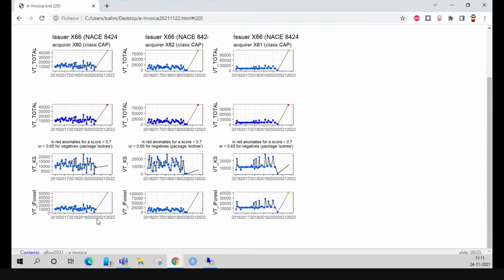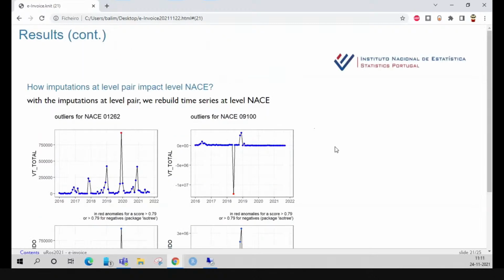In this case, the value given by isolation forest is even higher than the initial anomaly. So that's why isolation forest doesn't work for us for imputation in these cases, and we go for Kalman smoothing.